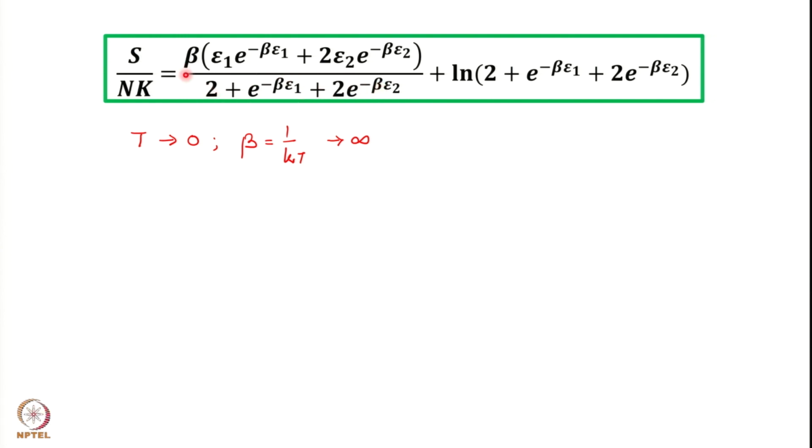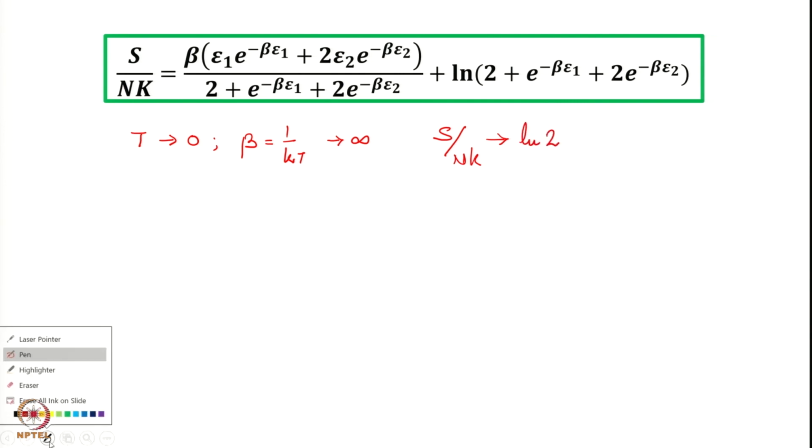So the first term is 0, and the second term, exponential minus infinity, that means 1 over exponential infinity, becomes 0. So therefore S over Nk approaches a value of log 2.